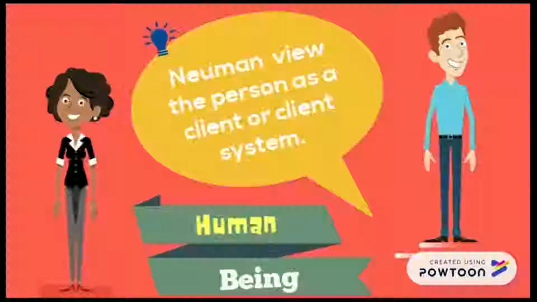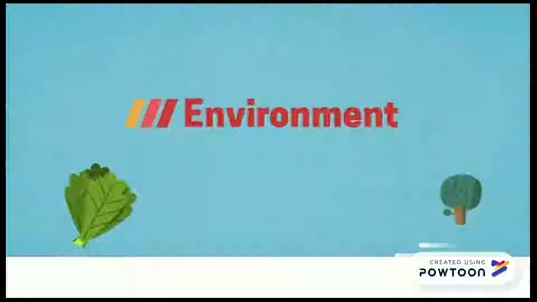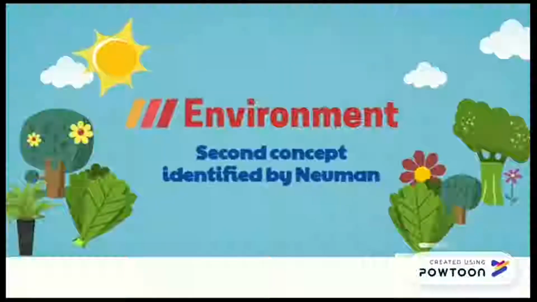This client can be an individual, a family, a group, a community, or a social issue. Environment is seen as internal and external influences. Stressors can threaten stability. Three environments were classified: the internal, external, and created.